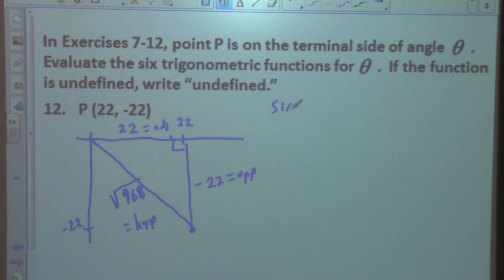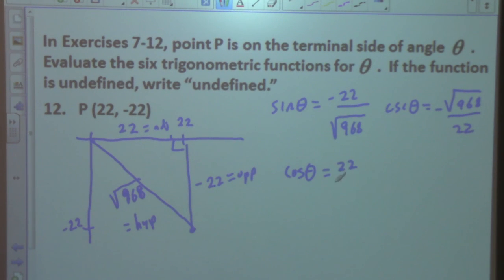So this is going to be unsimplified answers. Your sine is going to be negative 22 over square root of 968. Your cosecant theta is going to be negative square root of 968 over 22. Your cosine is going to be positive. We're going to talk more about that tomorrow.